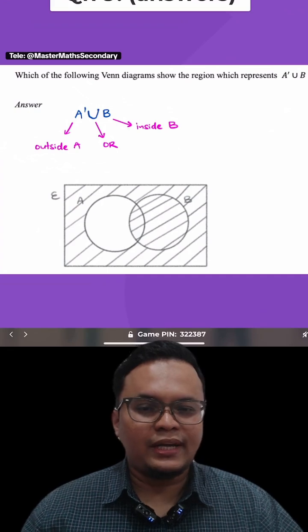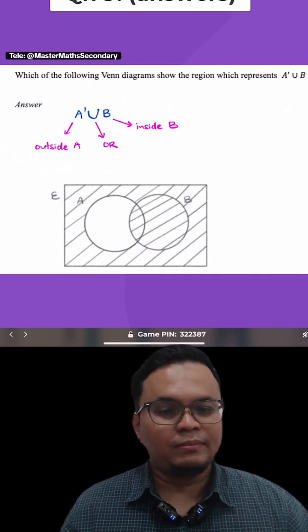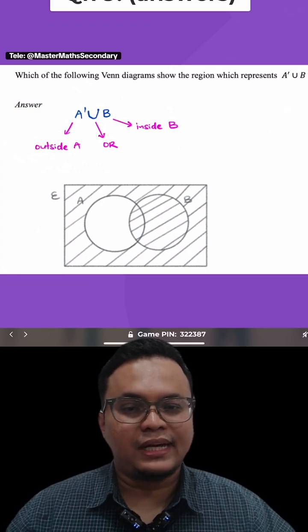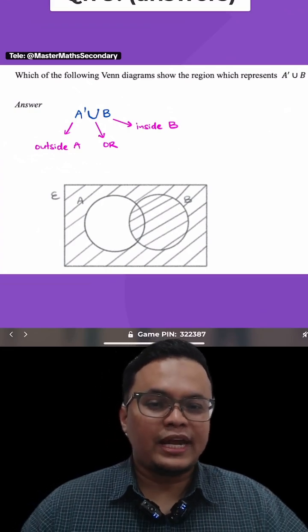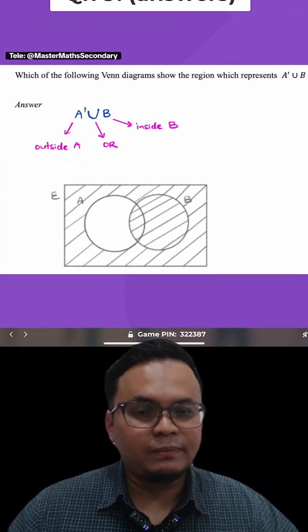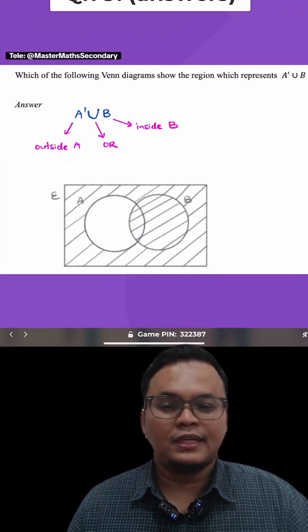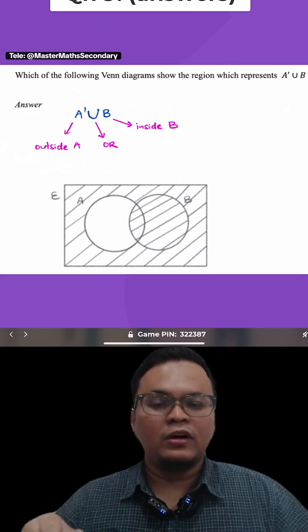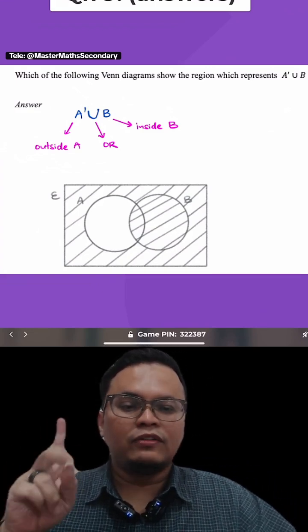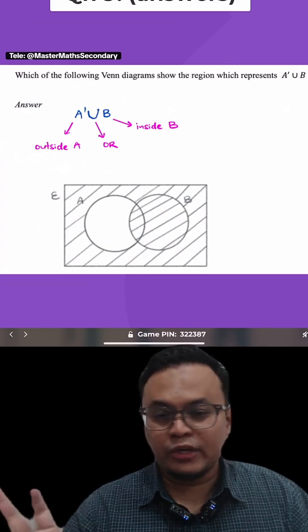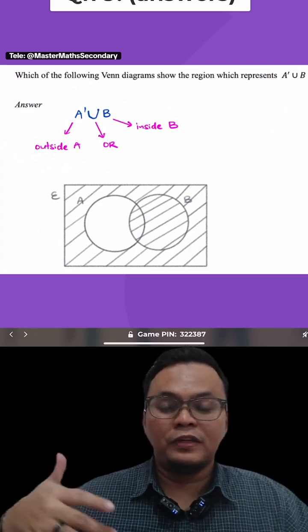That is why we shade everything outside of A, because it fulfills the condition of being outside of A. We shade everything inside of B as well, because it fulfills the condition of being inside B. When it comes to a union or an OR, you just have to fulfill one out of the 2 conditions. You don't have to fulfill both. Of course, if they fulfill both, you can also shade them.